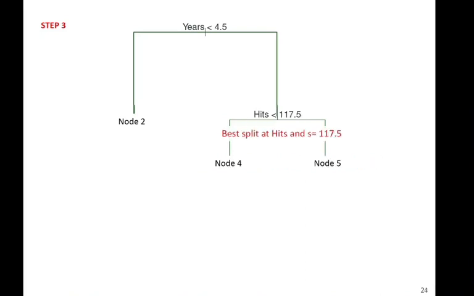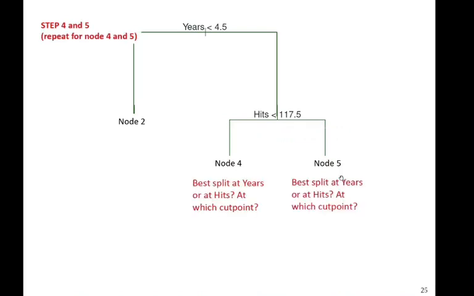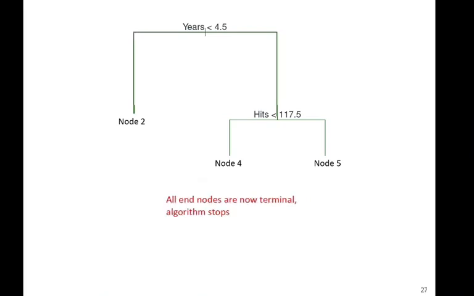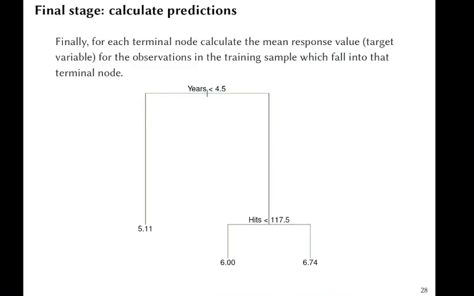Here the answer was we should split by number of hits, and the cut point would be 117.5. So we repeat again for node 4 and node 5, and we reach our stopping criterion for both nodes. All end nodes are now terminal and the algorithm stops. So we get as a result this decision tree, and we calculate for each leaf the prediction based on the observations that belong to that leaf.